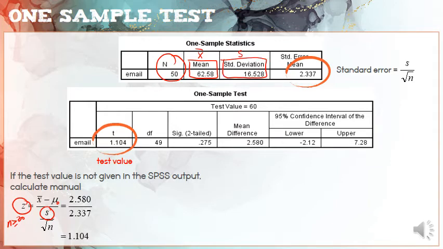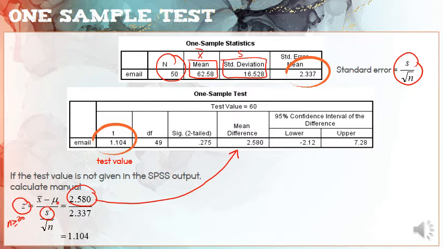And here, sebenarnya kalau dah ada standard error, 2.337 itu adalah S over square root N. Okay, so awak boleh tengok dekat sini, X bar minus mu naught dapat 2.580.